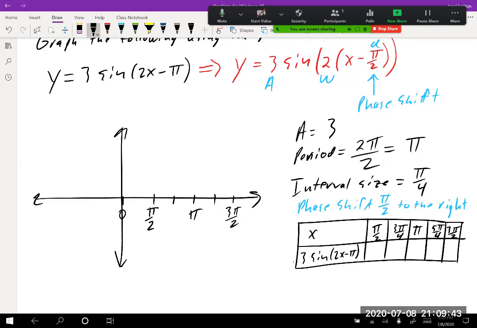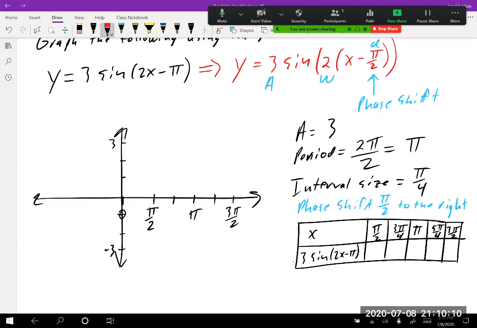Now I know that I have an amplitude of 3. So I'm going to go up 1, 2, 3. I'm going to go down 1, 2, 3. So this is 3 and this is -3. Now, because there's no vertical shift, I know that the normal sine function normally starts at a height of 0.